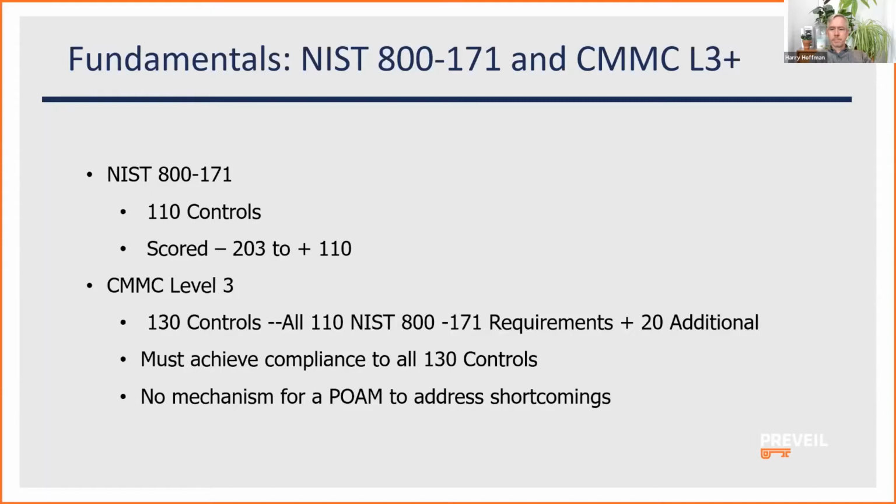And the scoring guidelines essentially result in a score ranging from -203 to +110. So if you get everything perfect, you get a 110, which means you're adhering to all 110 controls.